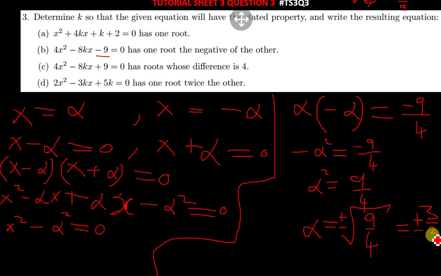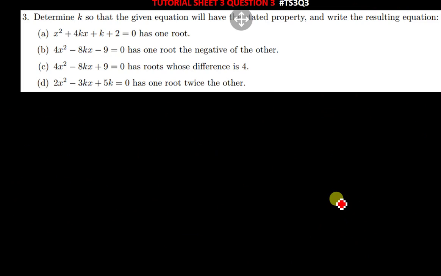So now how do you find k? Remember the addition of two roots. We have alpha plus another alpha, which is negative alpha, is equal to our value. When you are adding two roots, you get negative b over a.